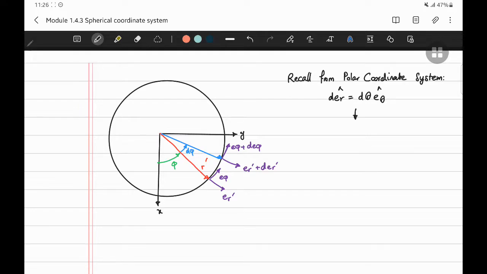So if we map this into our r prime phi coordinate system, we get something like d er prime is equal to d phi e phi. So we now have d er prime based on d phi and e phi.